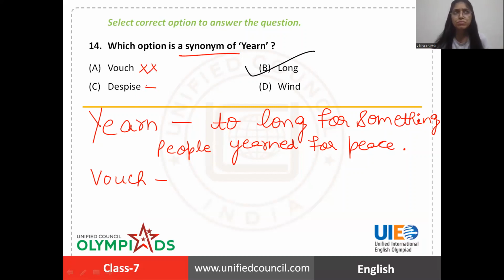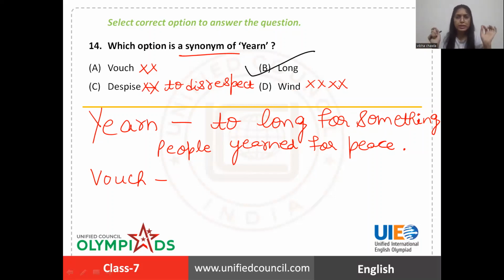It's to not like somebody and to disrespect them. To dislike or disrespect someone. So definitely not the synonym of yearn. Wind, you all know. When the air moves very fast due to natural forces, you can say. So that is wind. Long is the synonym of yearn.